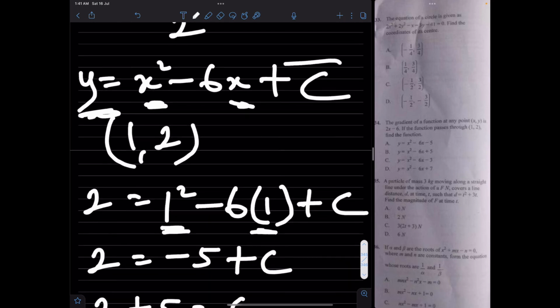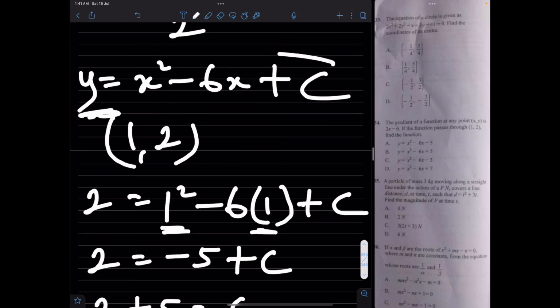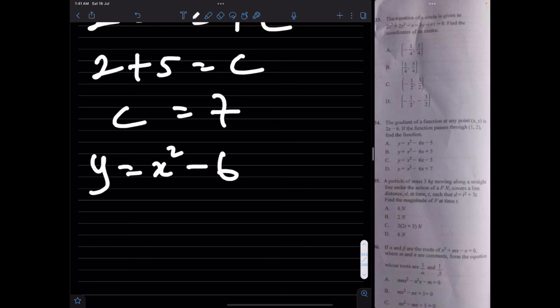Now that we have c, we take the function completely: y equals x squared minus 6x plus 7. And the correct option is D, x squared minus 6x plus 7.